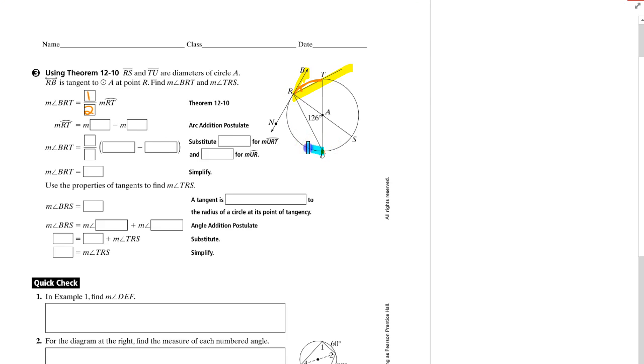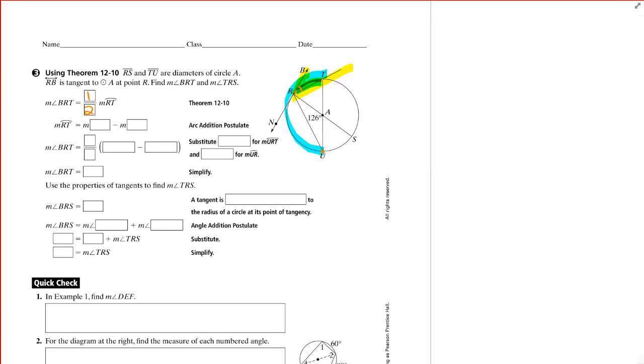We could set it up really any way, but I'm going to say that this RT space right here will be the difference of this larger blue arc, take away this arc, and I'm left with just this much, which is what I want. So fill this in: URT, take away the UR part, leaves me with the RT part, good.